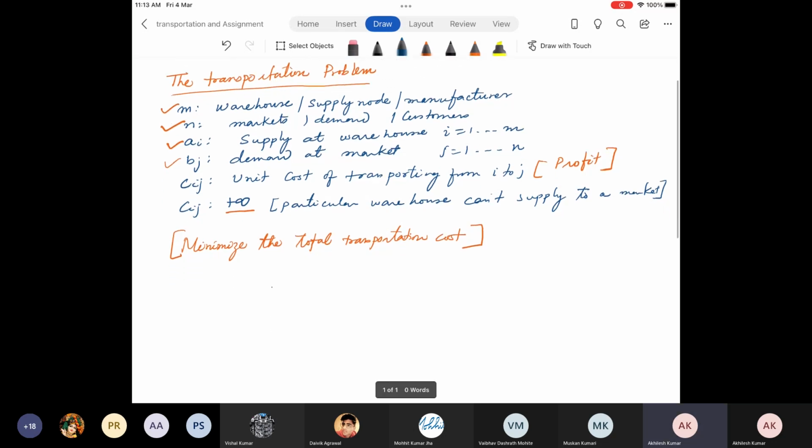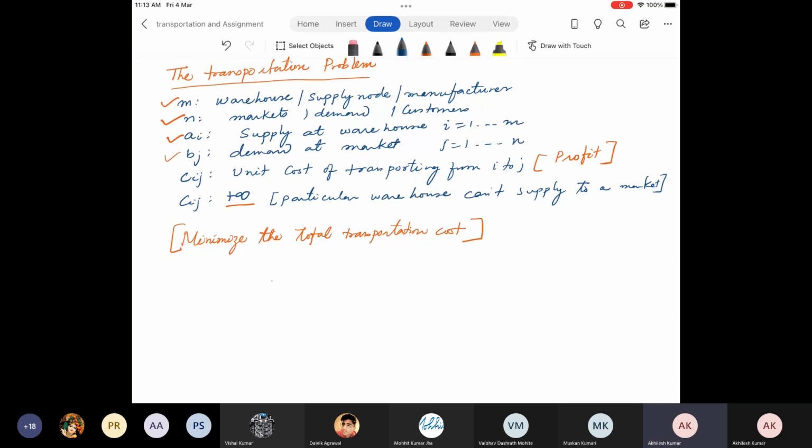So for this transportation problem, if I ask you to formulate it as a linear programming problem, how would you do it? I have given you everything, all the parameters. Tell me what would be your decision variable? I've already given you the decision variable actually.